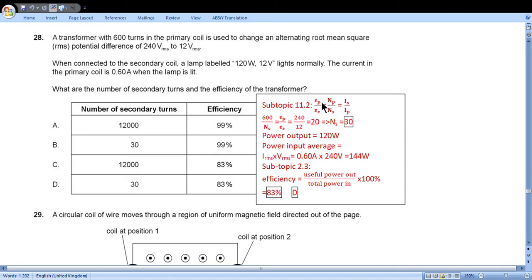From the voltages and 600 turns, we have 30 secondary turns. The power output on the lamp is 120 watts. The power input is root mean square current times root mean square voltage, which is 144 watts. Subtopic 2.3: efficiency is useful power over total power, so we get 83 percent. So answer D.